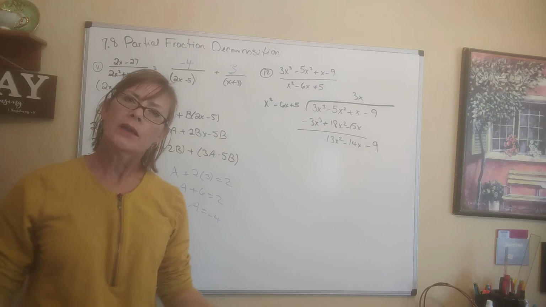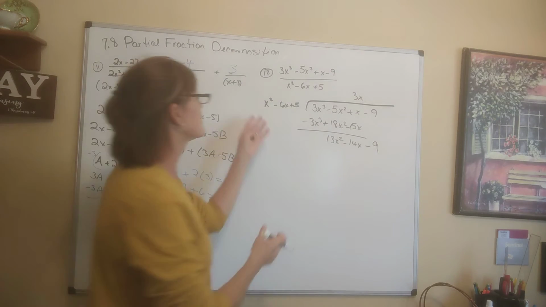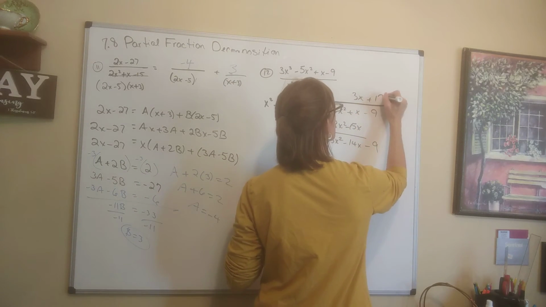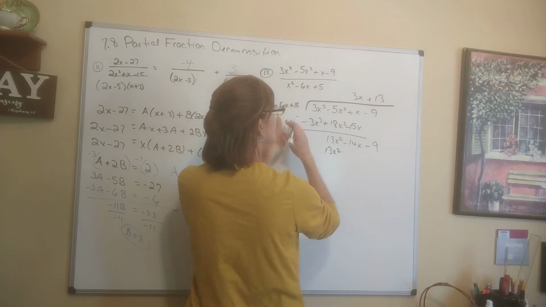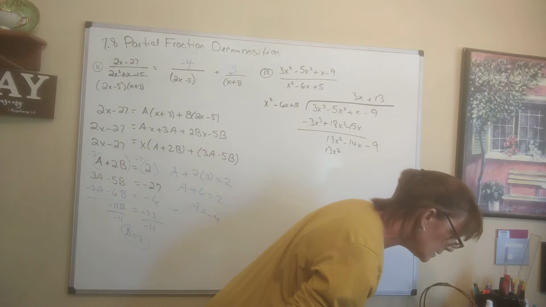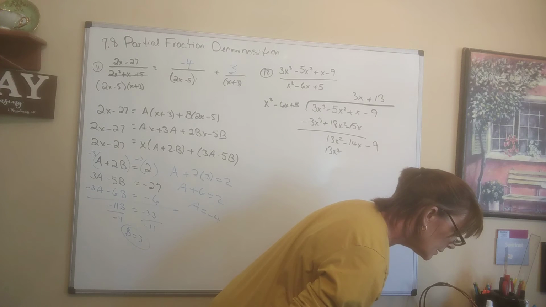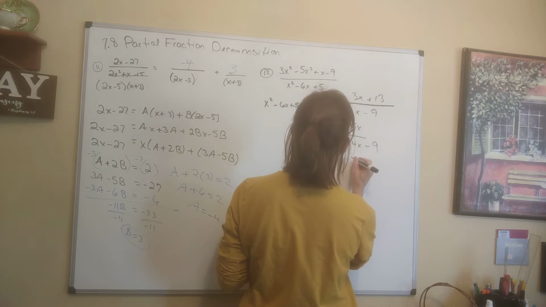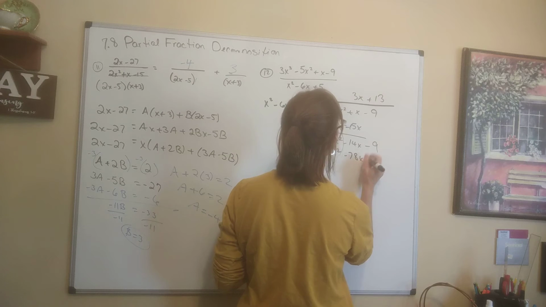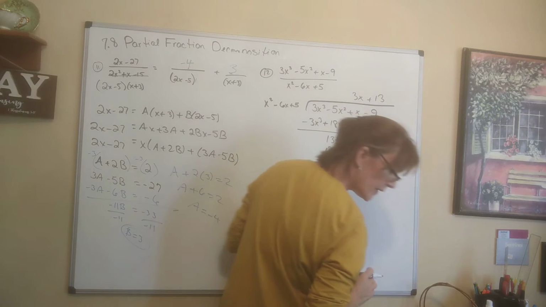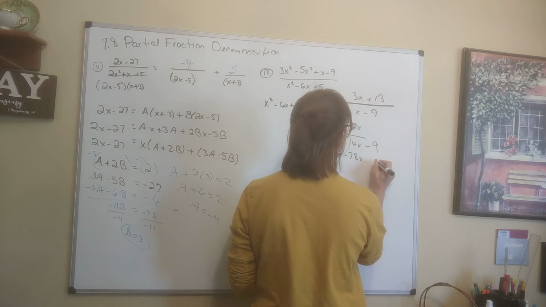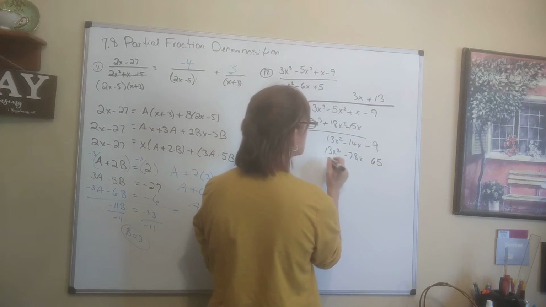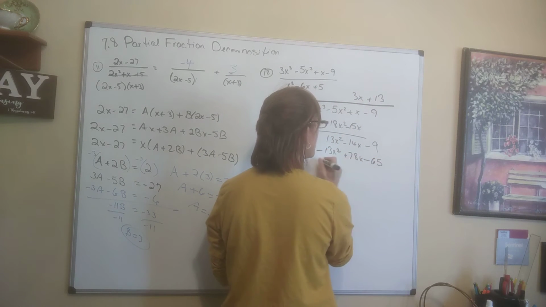X squared times what gives you 13x squared? 13. 13 times x squared is 13x squared. 13 times negative 6 is minus 78x. 13 times 5 is 65. But I'm going to be subtracting, so I change the signs and add.